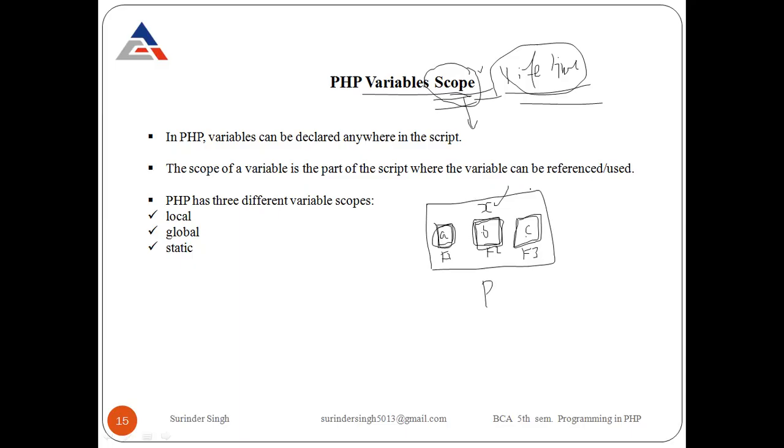Clear? Similarly, the c variable is declared in the f3 function and only accessible in f3, not in f1, not in f2, because this is a local variable of f3.